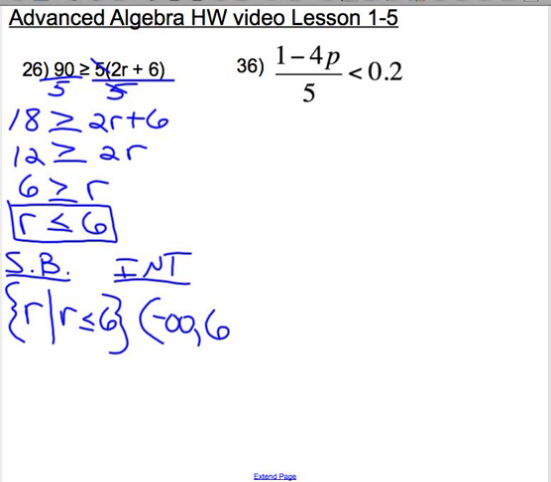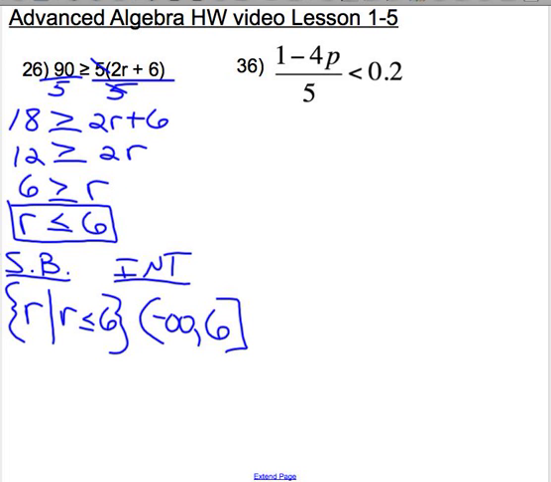I can reach 6, and I do want to include 6 because it was r is less than or equal to. Because of the or equal to, I have a bracket. I want to include 6 as part of my solution set, as part of my answer. So it gets a bracket instead of a parenthesis.